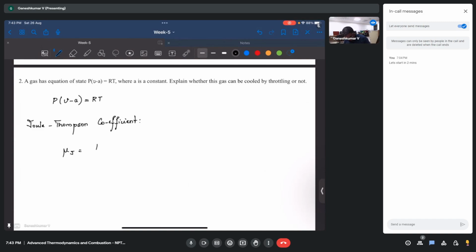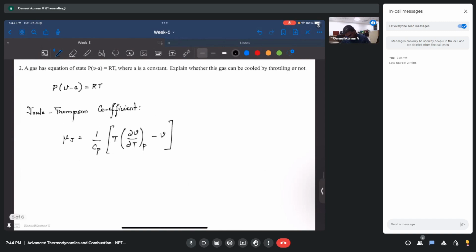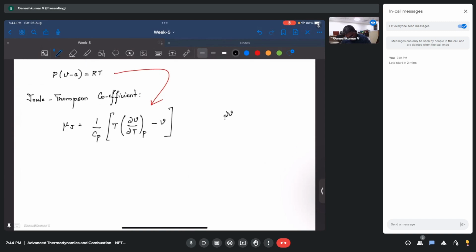Mu J is going to be 1 divided by Cp times, I think there will be T over here, T dou V by dou T at constant P minus V. Okay, so this is the Joule-Thomson coefficient. Now let's find the Joule-Thomson coefficient for this gas. So we already know it is going to obey P(V minus A) is equal to RT. Let's use this. So dou V by dou T at constant P is what we need to find.